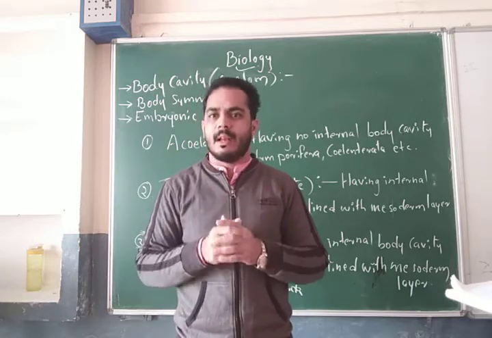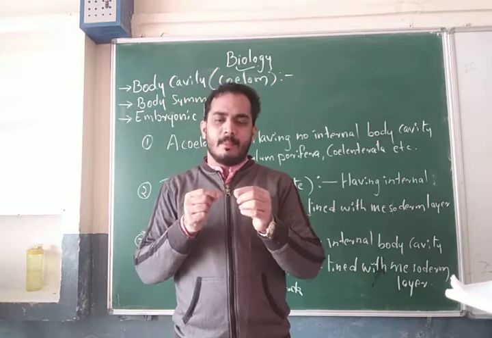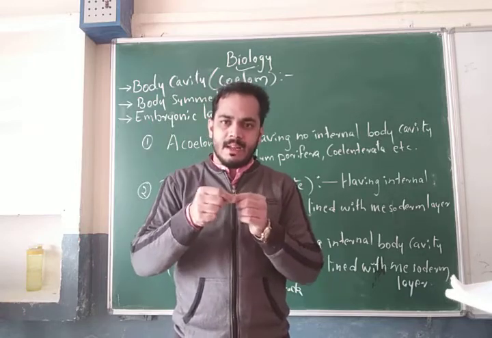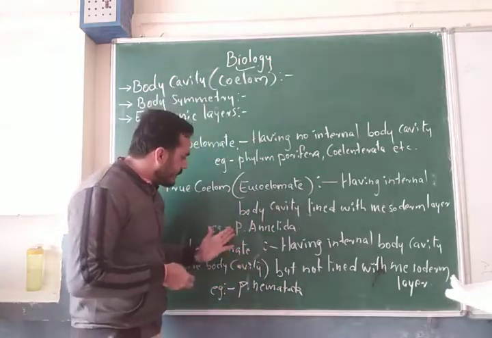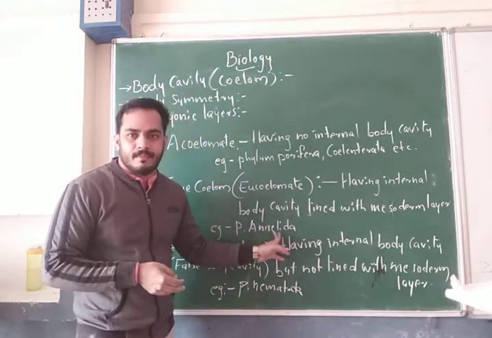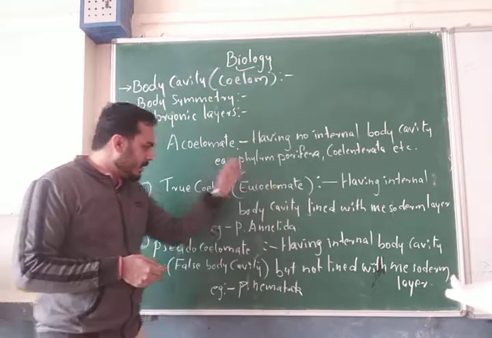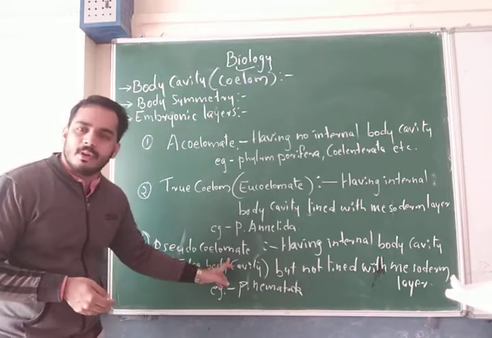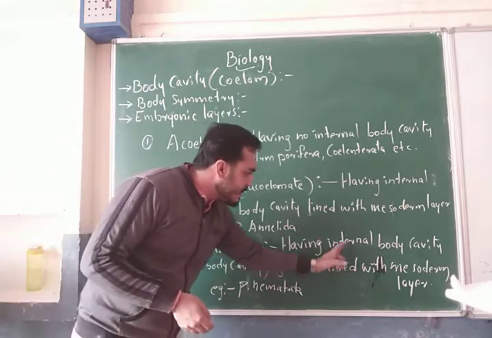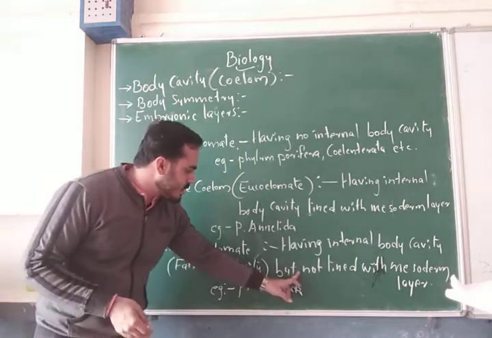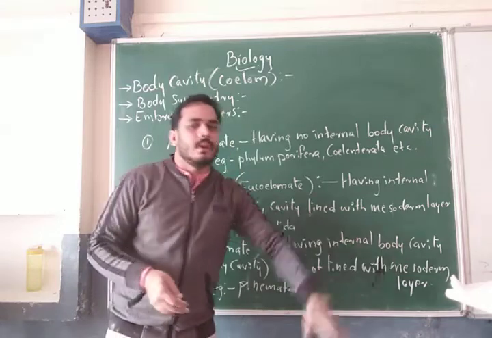Let's say one embryonic layer, the middle layer, the mesoderm layer. So this is lined with the mesoderm layer. An example of this one is phylum Annelida. Then the third one, pseudocoelomate. That means having an internal body cavity but not lined with the mesoderm layer.